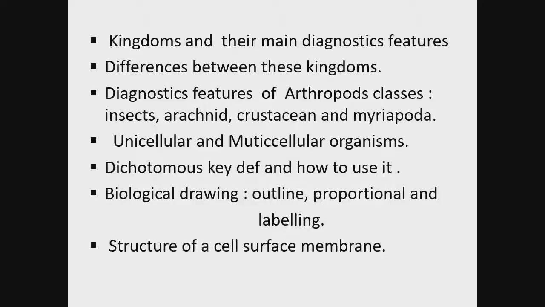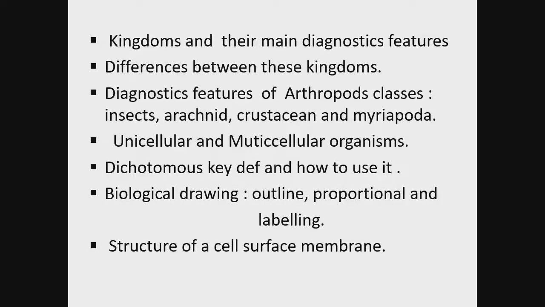Very good. Let's go to the next. The next thing, we are going to look at kingdoms and their main diagnostic features. There are 5 main kingdoms. The first is prokaryote, also called kingdom Monera or kingdom bacteria. All the bacteria are classified in kingdom Monera or prokaryote.